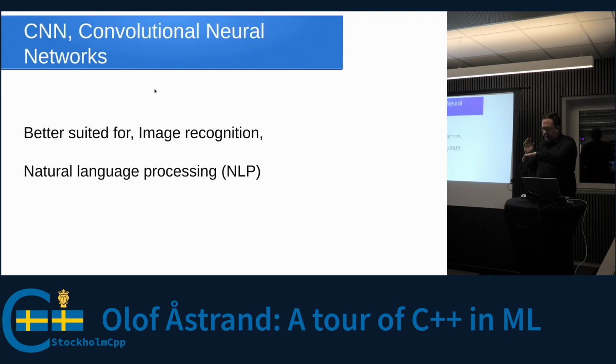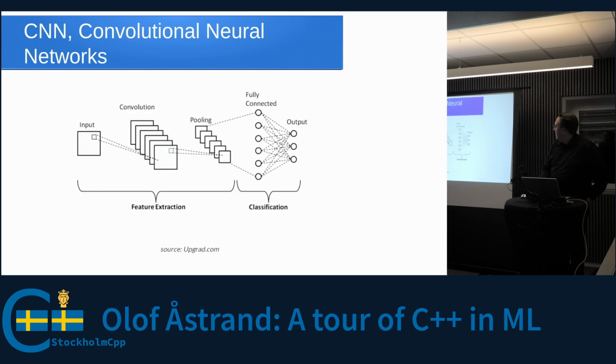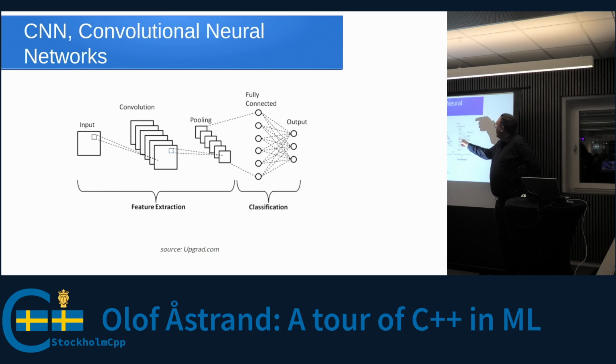Okay, but at Neonode, we don't do so much simple neural networks. We use convolutional neural networks, which is better for image recognition and natural language processing. And in the convolutional layer, you do something you call feature extraction.